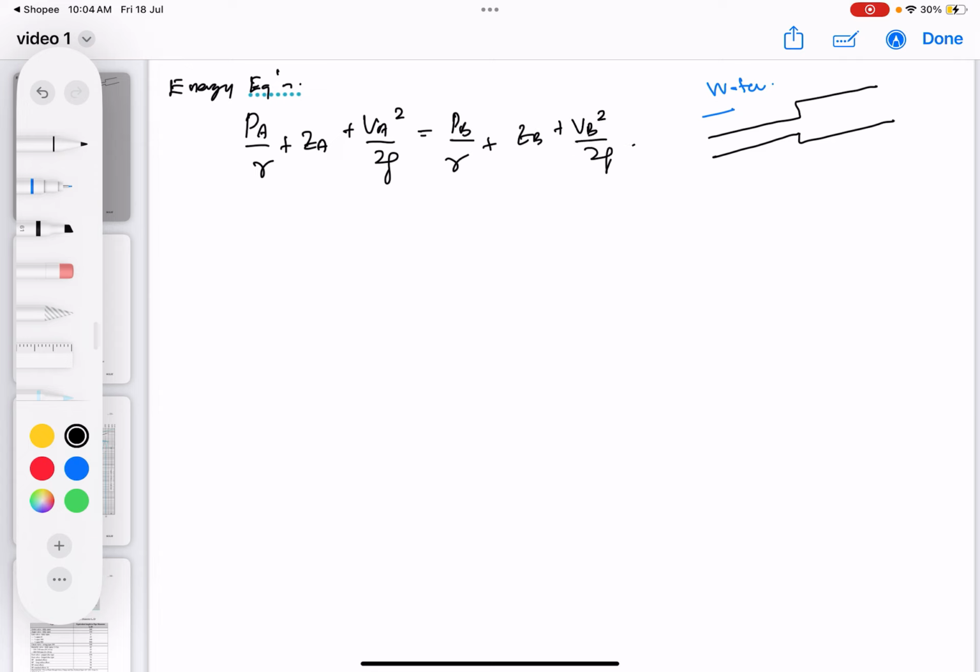And also, we can apply the principle of conservation of mass. This is what we already learned in our PCD subject. We can say that whatever mass is entering at point A, or MA, should be equal to whatever mass comes out at point B. This is what we call steady state.